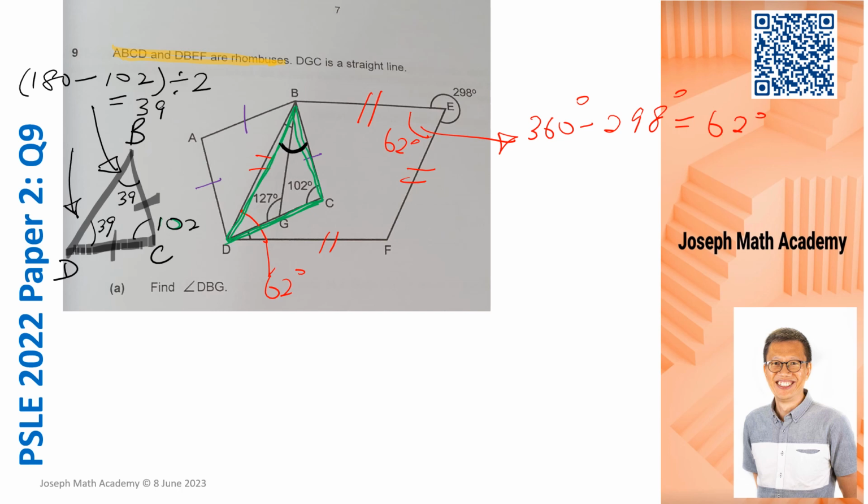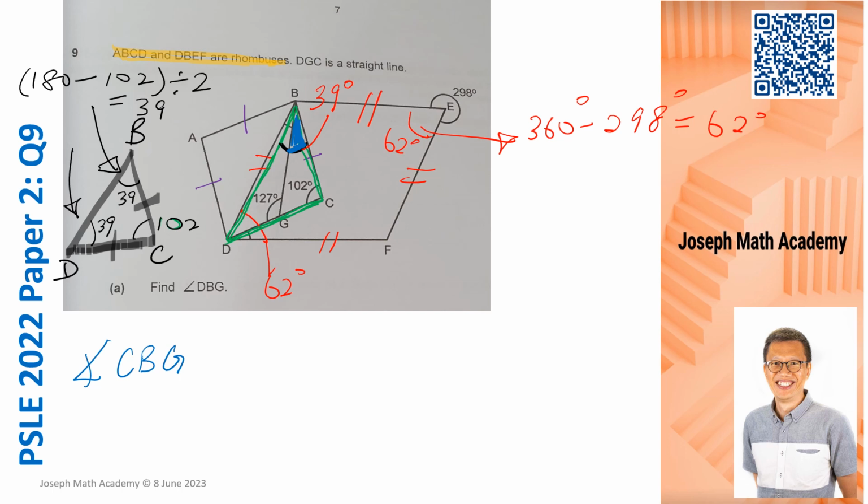Let me write down, this is actually 39 degrees. Now we need to find this one first. I have colored it in blue. That angle is called angle CBG, so I'm going to write down below, angle CBG.